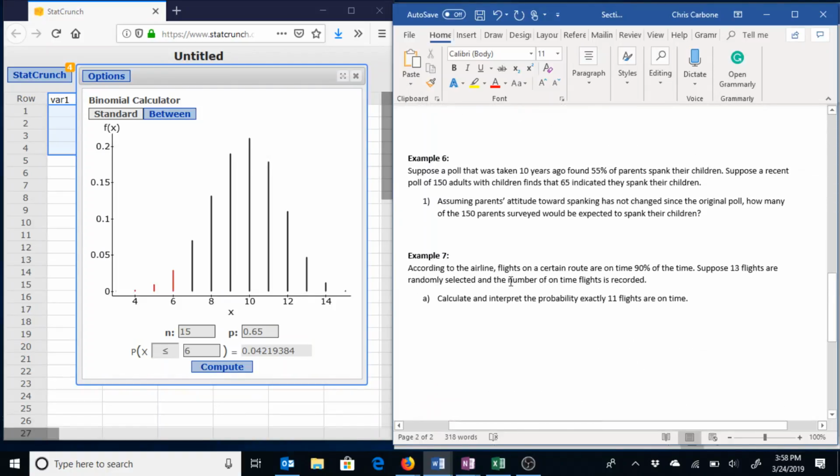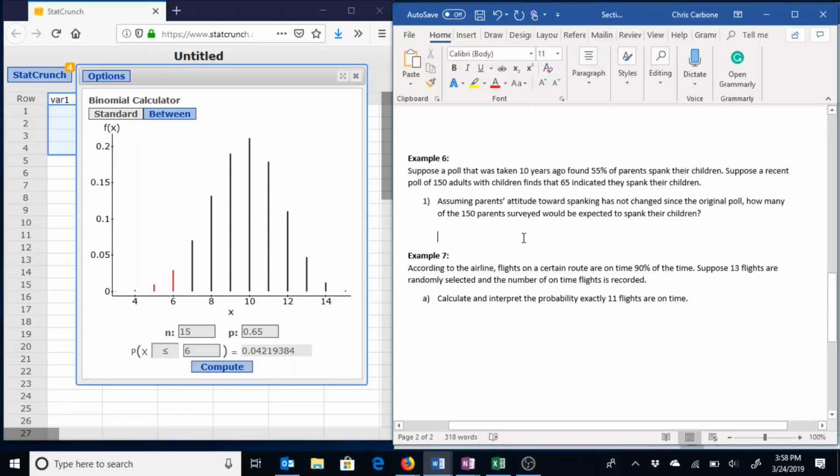Now for number 6 here, the 35% of parents spank their children. They have 150 adults, finds that 65 spank their children. They want to know how much of the 150 parents surveyed would be expected to spank their children.